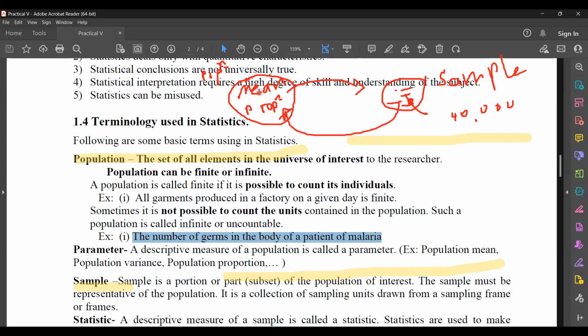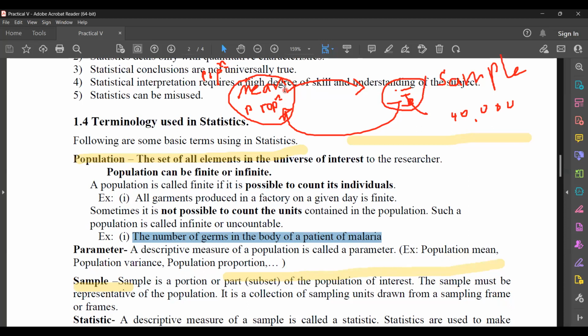When we are doing a study, we are interested in these characteristics of the population. Sometimes we are interested in the average value of a certain characteristic, or the proportion, sometimes the variance, and those things.